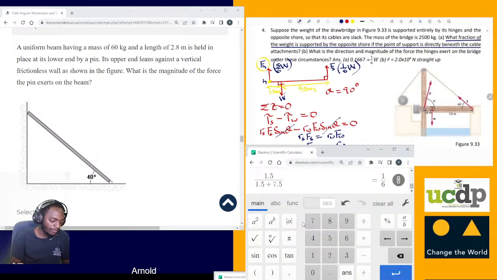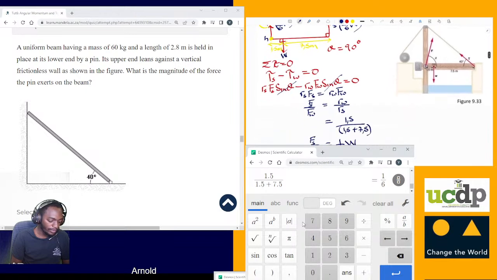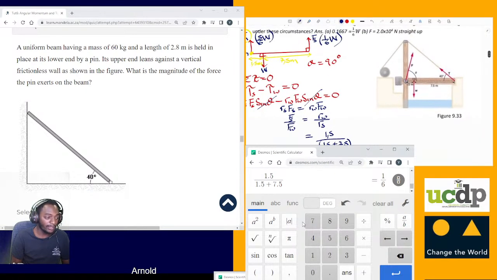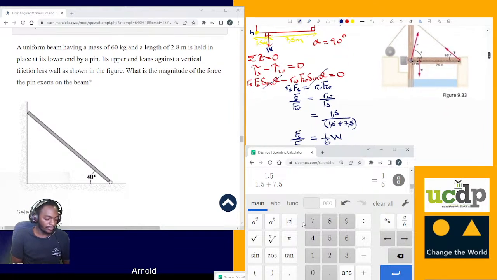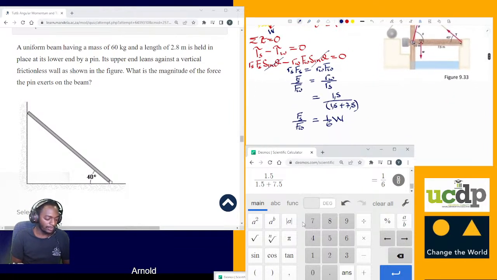By the hinge. Okay, this is going to be useful in the next part of the question. Okay, so that is how we go about that part of the problem.